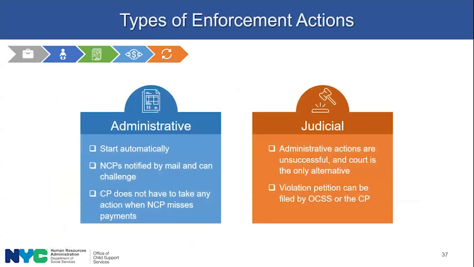Now, let's talk a little bit about enforcement actions. There are two basic kinds, administrative and judicial. The administrative actions start automatically when you fall behind by so many months, and different enforcement actions have different time amounts.